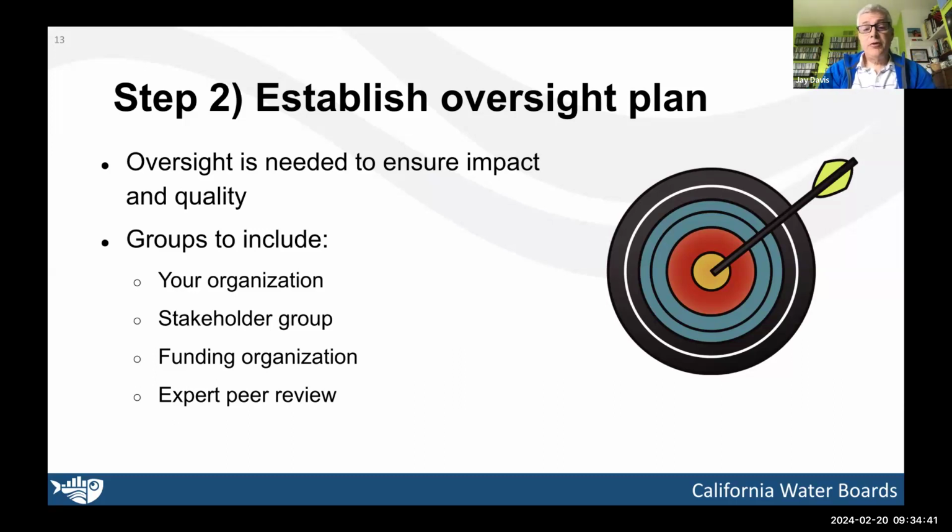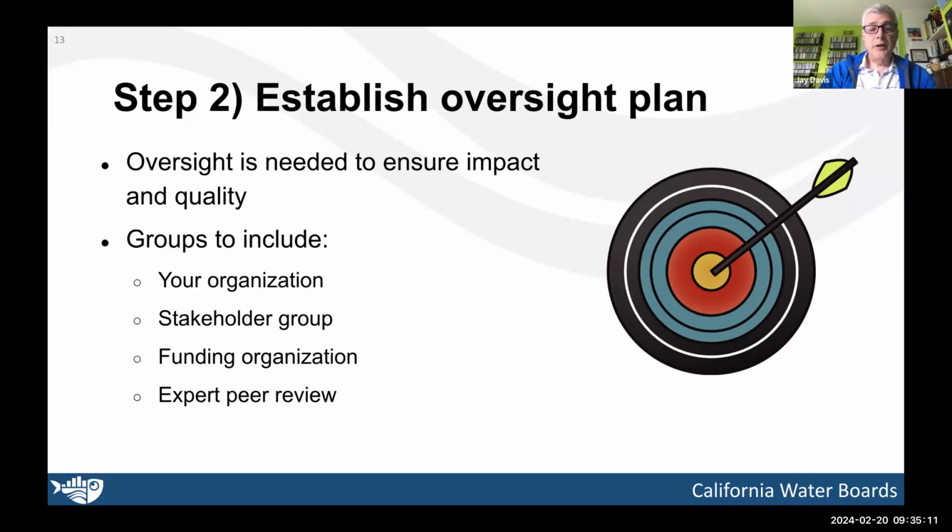So oversight's needed to ensure both the impact and the quality of the work. And the impact means having the community engaged that you want to communicate to. It's good to have that engagement from the beginning to the end of the project, to know what the community information needs are, and then to communicate the information back out to the community.